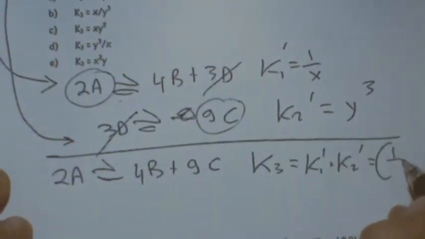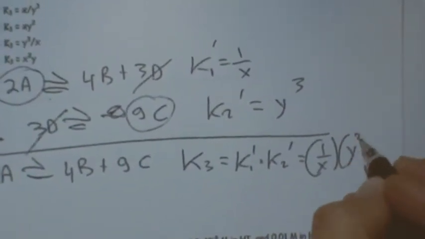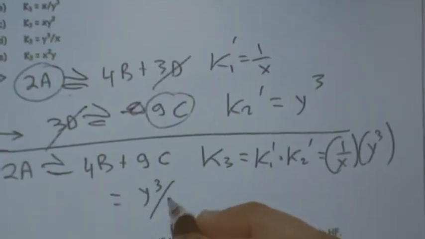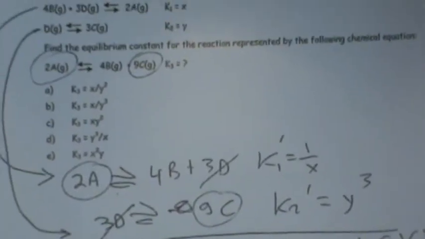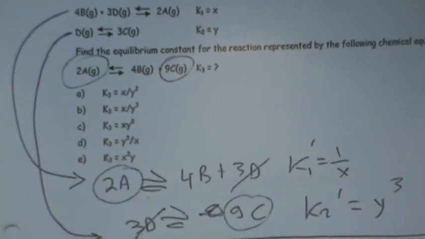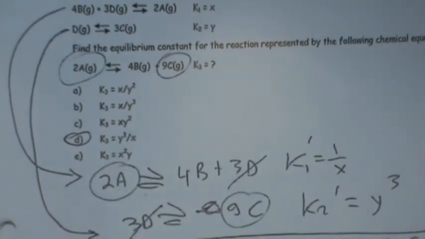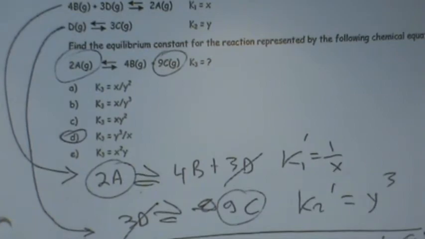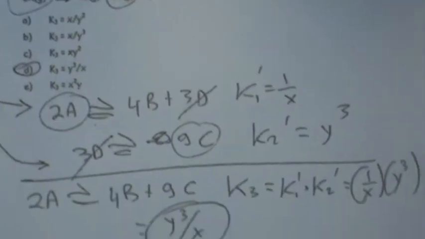So that will be 1 divided by x times y to the cube, which is y to the cube divided by x, and therefore the answer will be D.